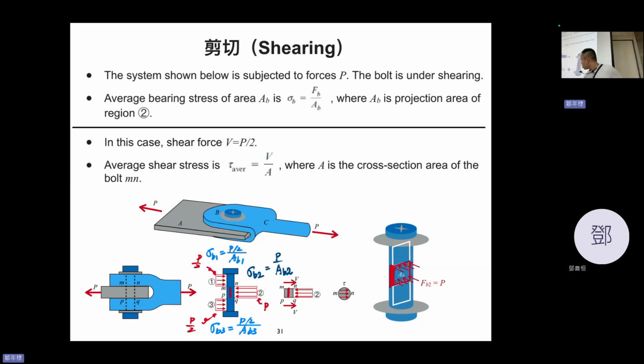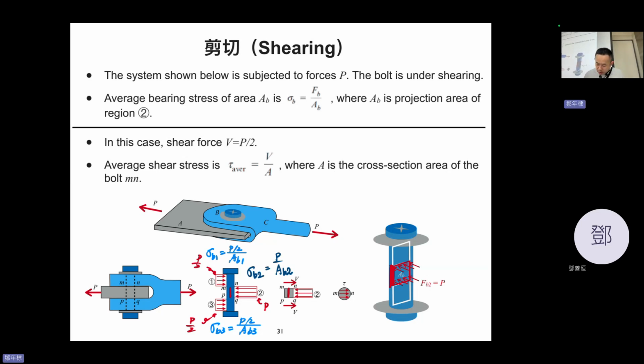Okay? So you notice that even in the same bolt, the same material, they will have different bearing stress in different regions, depending on the loading condition, load value, and the area that the load is acting on. All right.